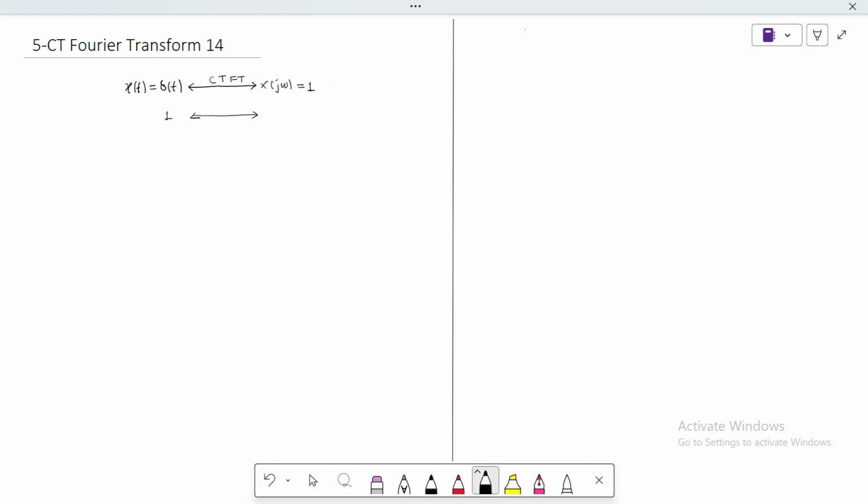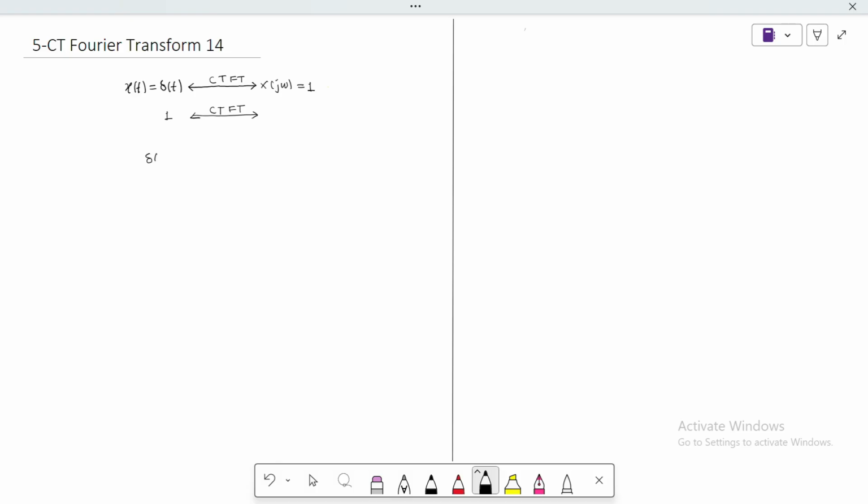We know the duality property. Here I am writing, we need to find the Fourier transform of the 1. For that, I'm taking this reference.